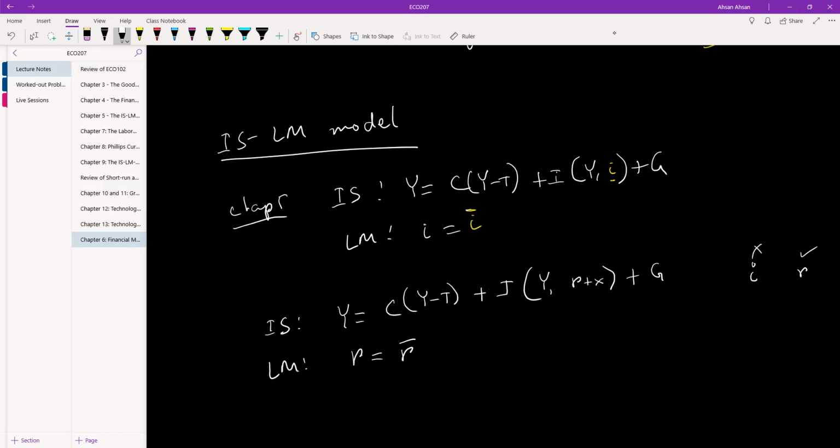So we don't really care about the nominal interest rate, we are worried about R. So that's why, instead of i, I've included R in both these cases.